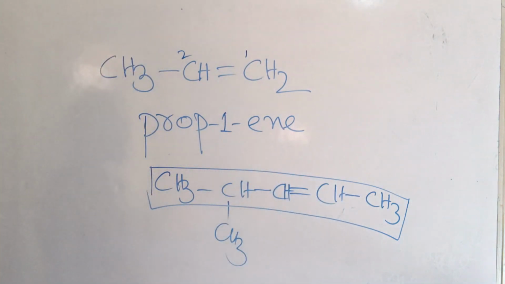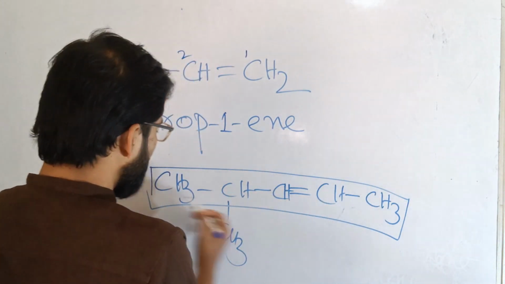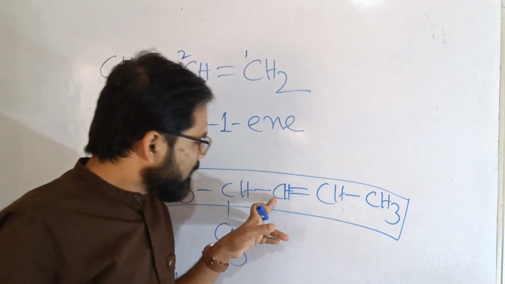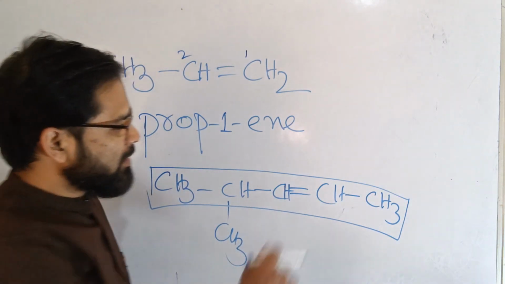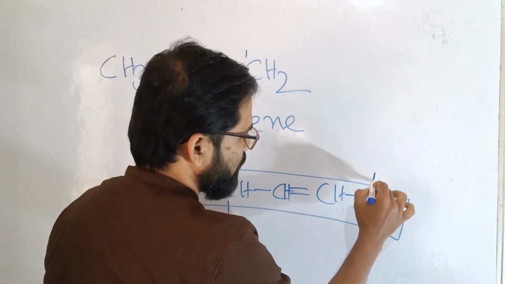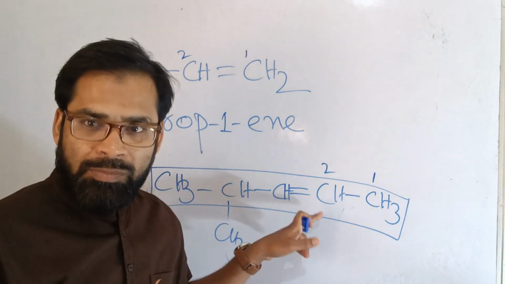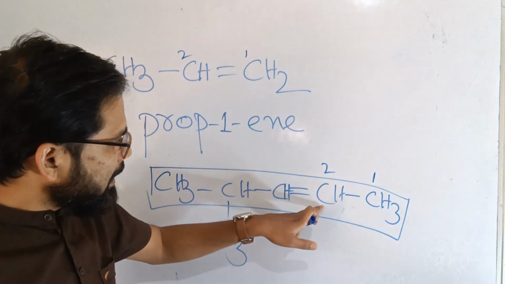Now numbering. If we number 1, 2, the second carbon here, then 1, 2, 3, the third carbon basically gets the double bond. So numbering starts from the right side, because that functional group, the double bond, has higher priority.